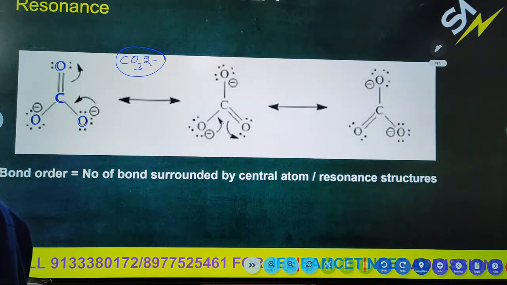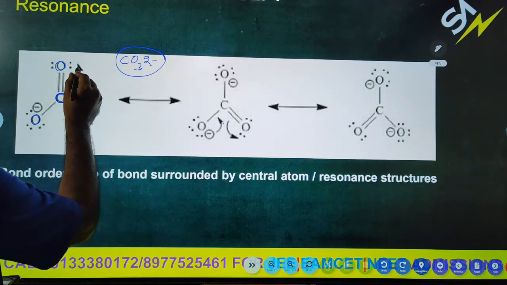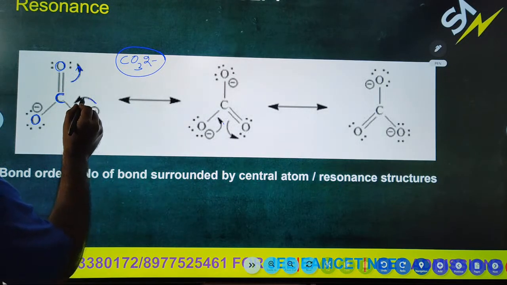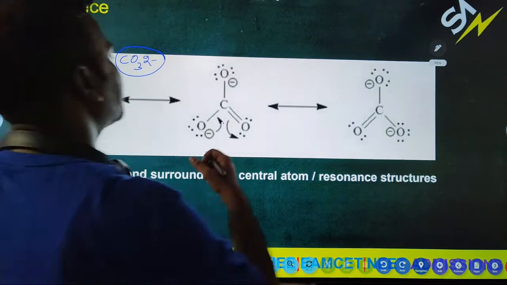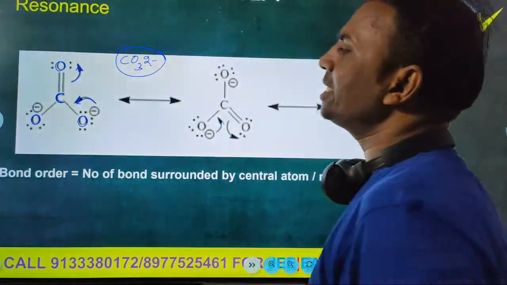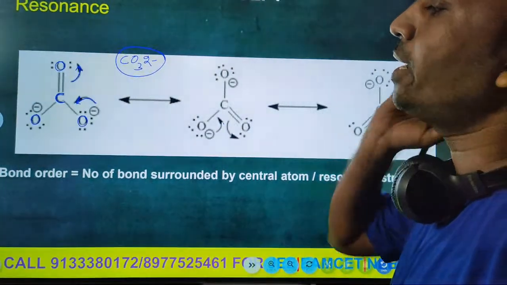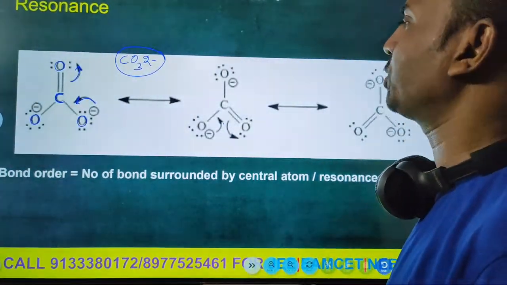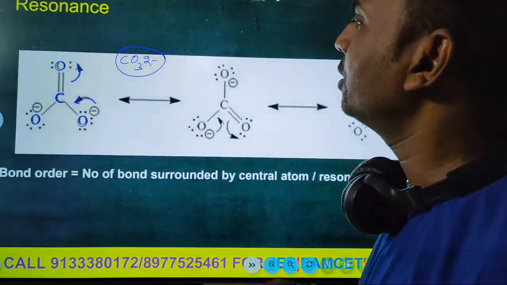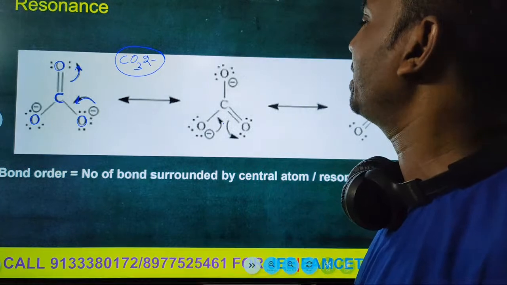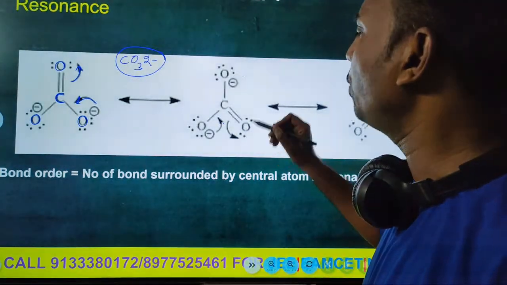Yes, clear? Now what about this bond shifted up? This bond shifted this side. Due to shifting we got the structure here. That is actually not shifting; it is called transfer of the pi electrons. So now we got a negative charge here. Negative charge is already present here, with 2 lone pairs.